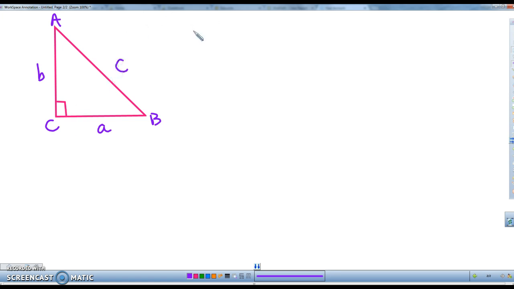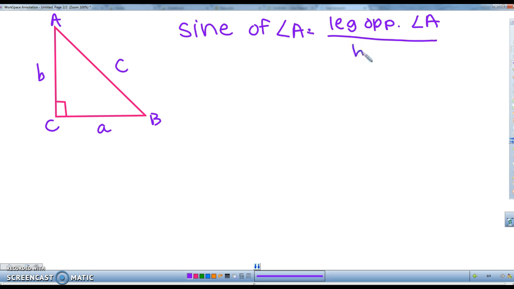Okay? So then we want to look at the trig ratios. And there's three trig ratios we're going to talk about. The first one is called sine, S-I-N-E. And if we're looking at the sine of angle A, I'm asking you to look at the leg opposite angle A over the hypotenuse.